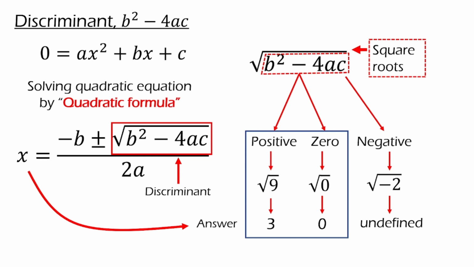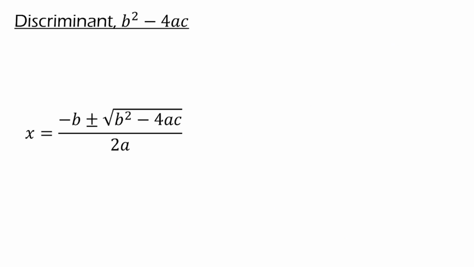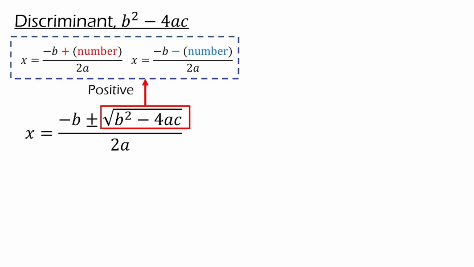Therefore, for our x to have an answer, we must have b squared minus 4ac either positive or 0. How does knowing this help decide how many roots there are in a quadratic equation? Let me show you. If our b squared minus 4ac is positive, if we continue solving it, you can see that we will have two answers. That's why we have two real roots.